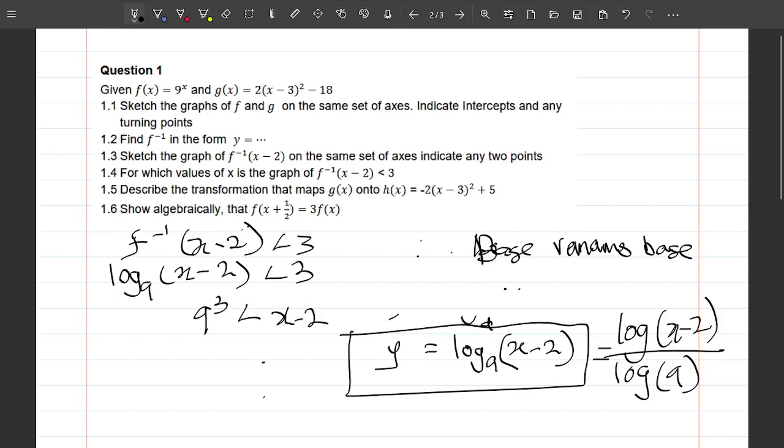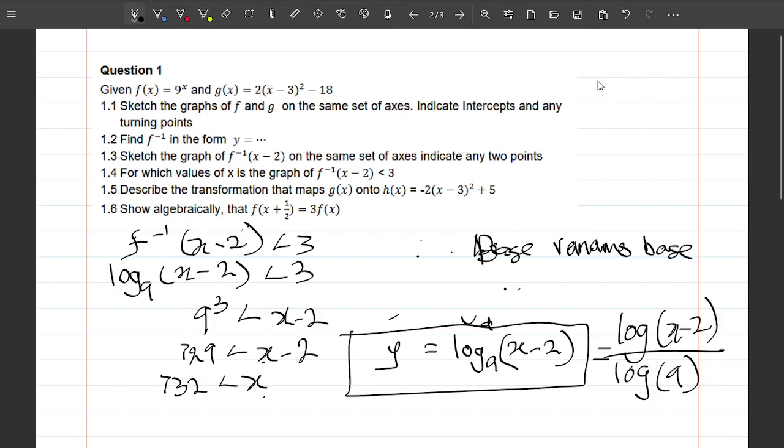Well, what is 9 cubed? So if I grab my calculator real quick, because I'm not good at mental math, my 9 cubed in this case is 729. That's just maths we know. 729 less than x minus 2. Then I'm going to transpose my 2, of course. Then this would become 729 plus 2, and 729 plus 2 is about 731, rough math, less than x.